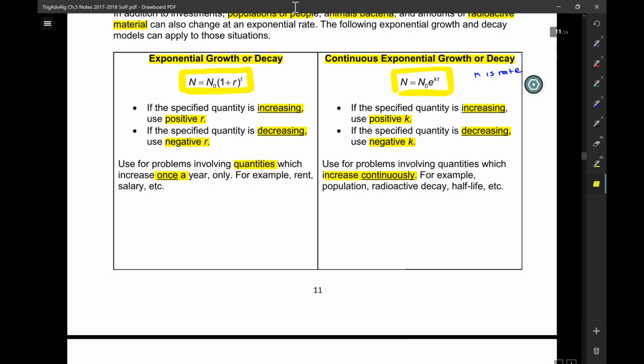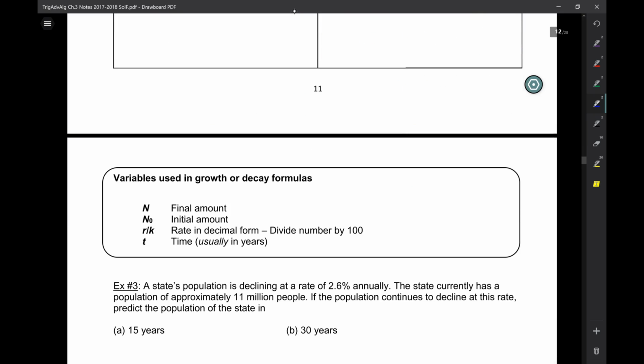For example, population, radioactive decay, half-life, and then we can add to this property value, and so on. Okay? All right.